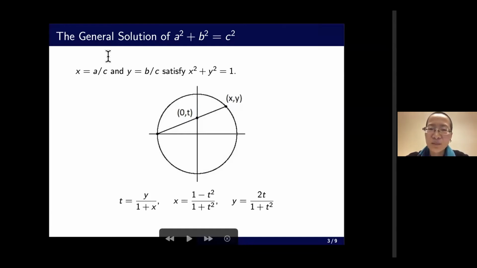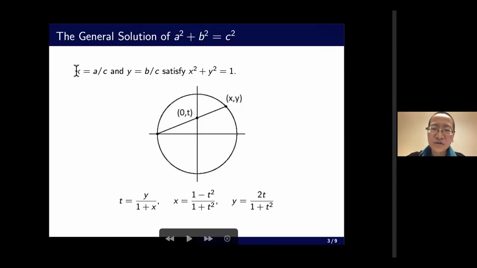Since a, b, c are all integers, a over c and b over c are going to be rational numbers. By definition, rational numbers are just quotients of integers. And since c stands for the length of the hypotenuse, which is the longest side of your triangle, we know that these quotients a over c and b over c are both less than 1.